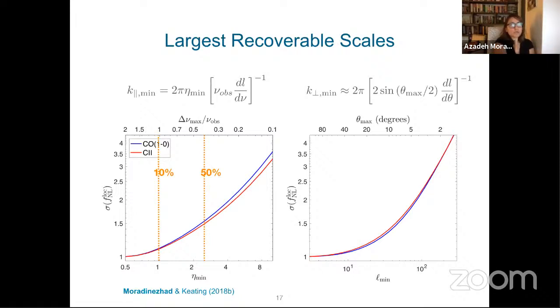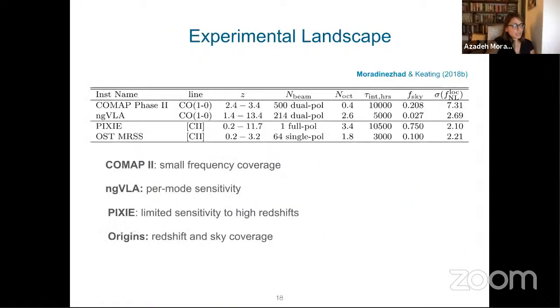Now, if you go from 2 to less than 0.5, the constraint can be degraded by about 50%. So this is just an effective way of characterizing the possible degradation of the signal. But of course, for a given survey, you need to model the foregrounds accounting for a specific instrument and survey design.